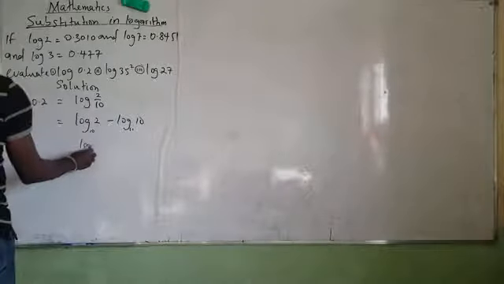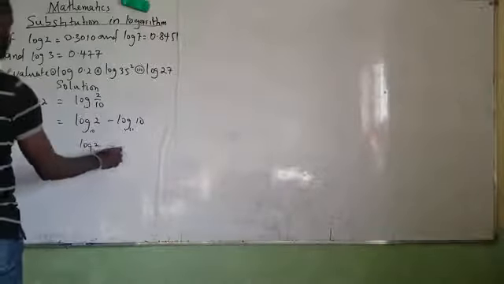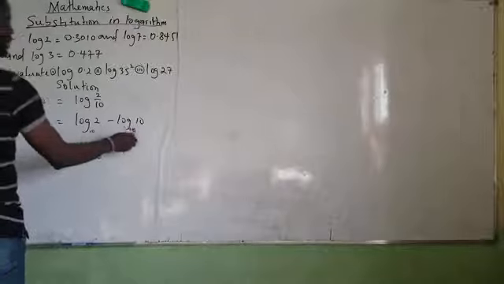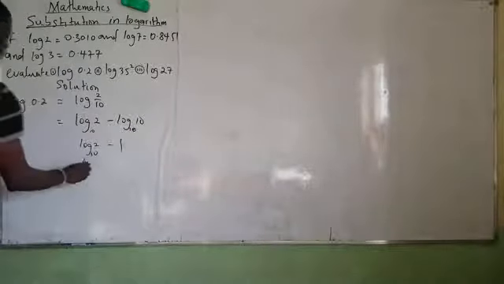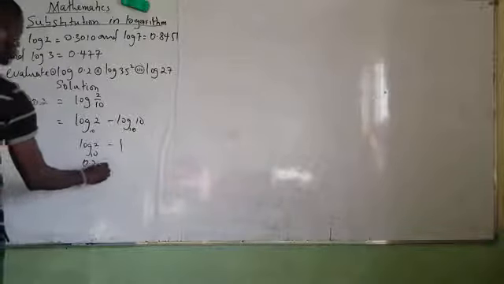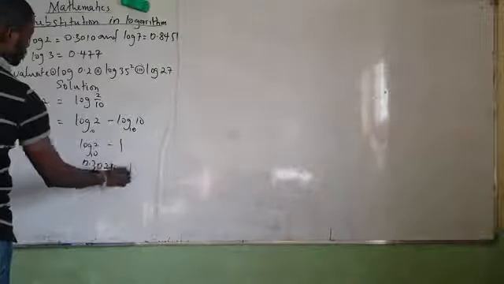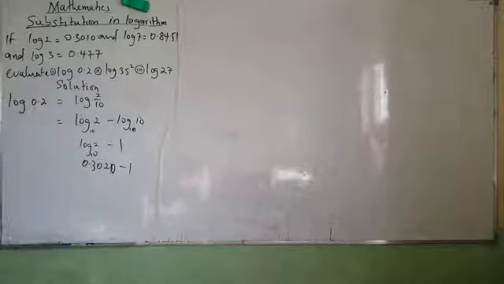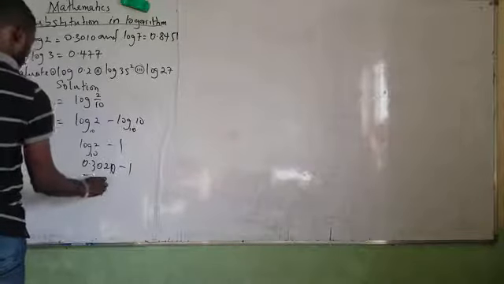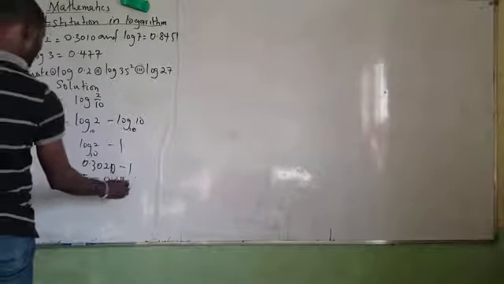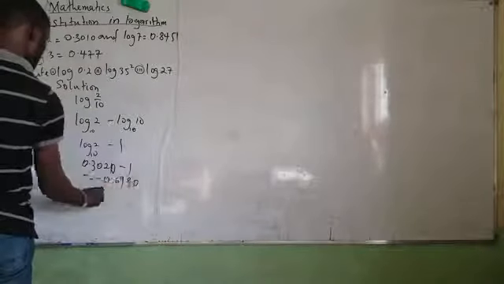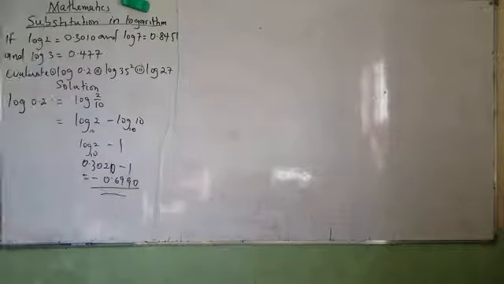Now, log 2 base 10 minus 1, since log 10 base 10 is equal to 1. Now I can answer that log 2 is equal to 0.3010, so 0.3010 minus 1, which will be equal to minus 0.6990. That is my answer. Now take note of that.